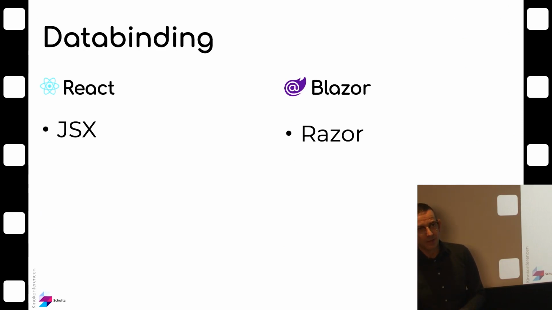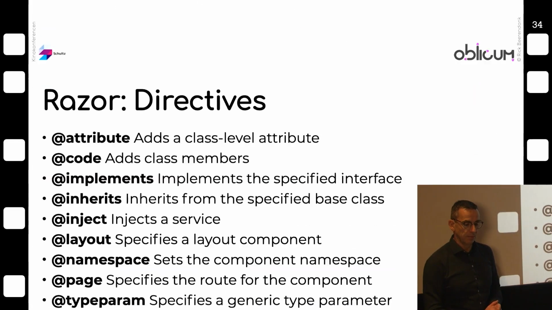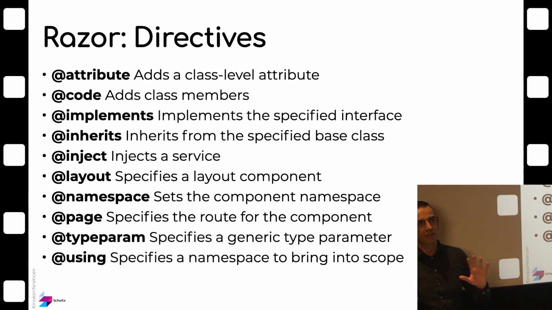Now, for data binding, we actually use JSX in React, which is a separate technology. You can also use it in Vue. And we have Razor syntax in Blazor. If you're used to Razor syntax, because you also on the back end are familiar with ASP.NET, it's the same technology. Now, JSX doesn't have any extras, just the curly braces almost.